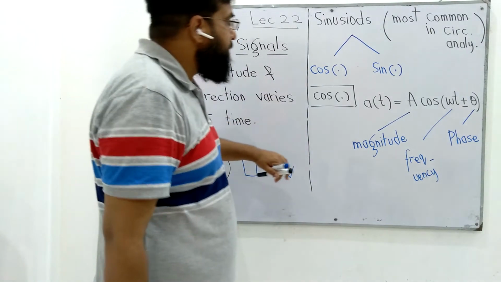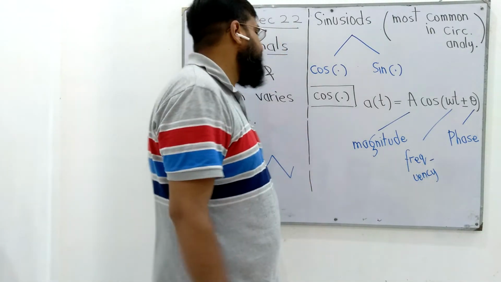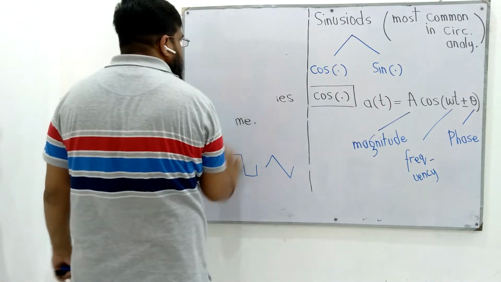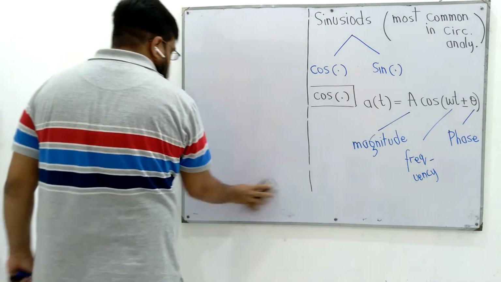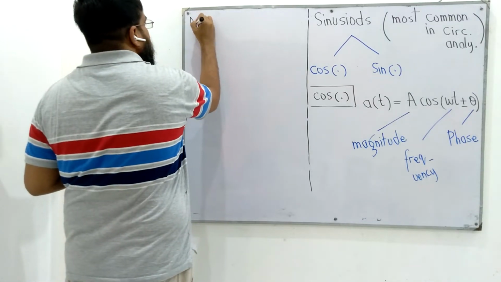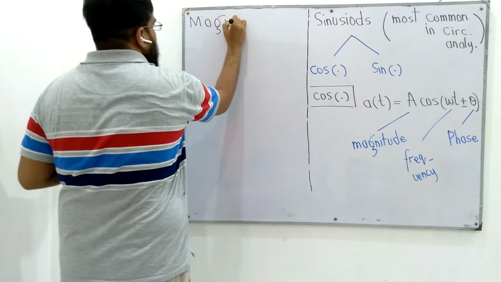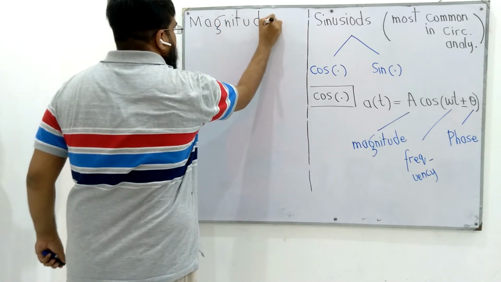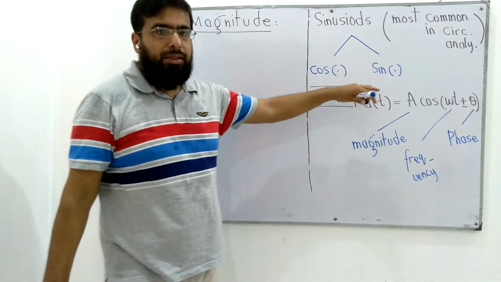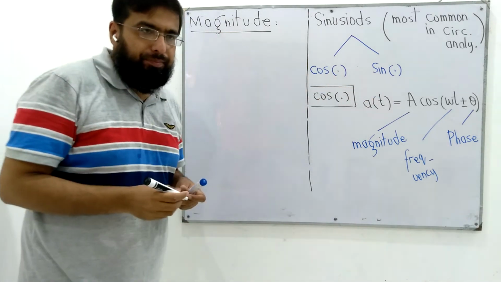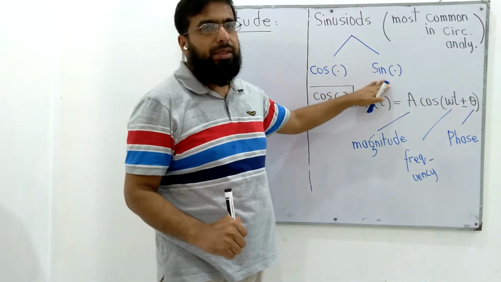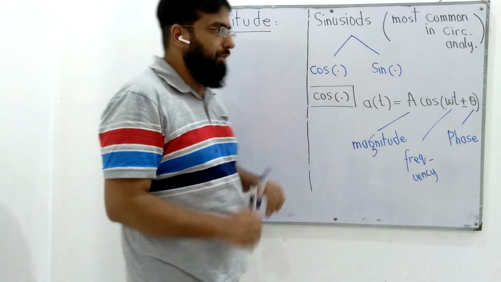Let's talk about what these terms are. Cos and sines are plotted in a similar way. They have the same shape, except that sine can be written as the shifted version of cos and vice versa.